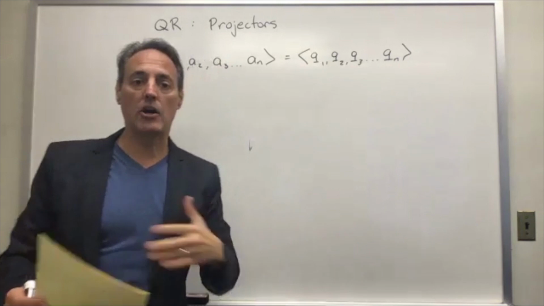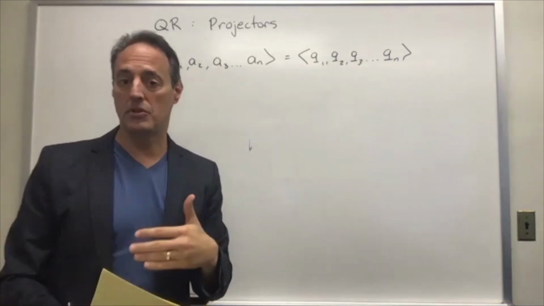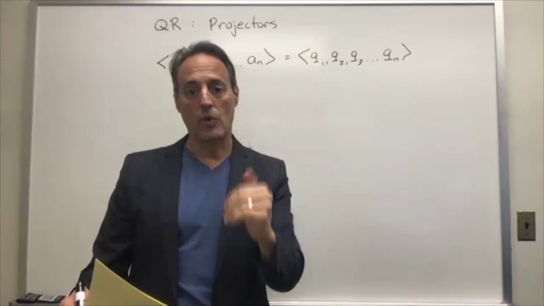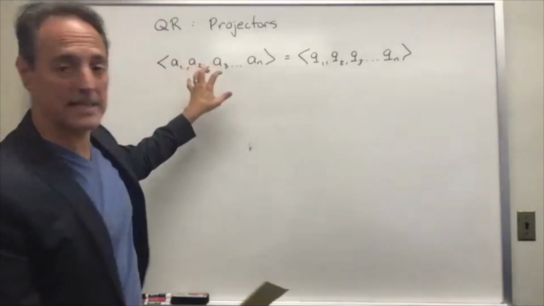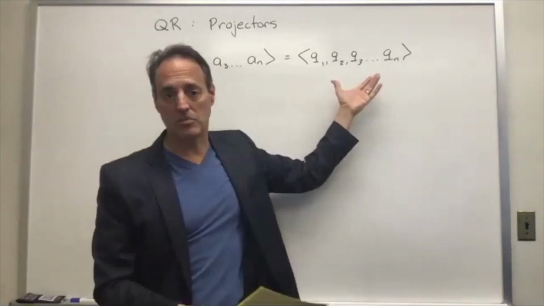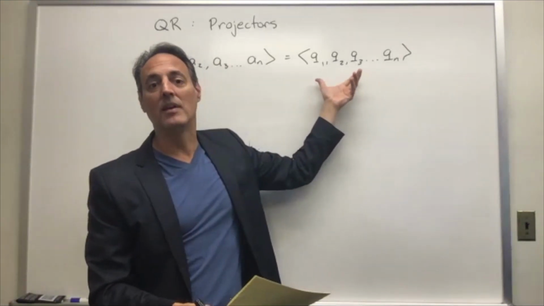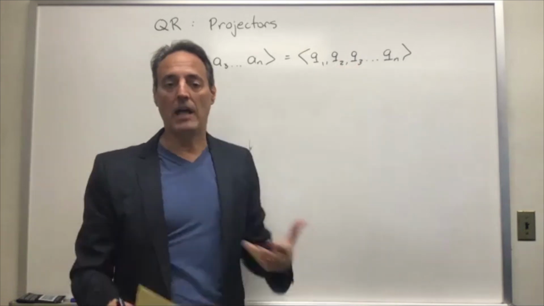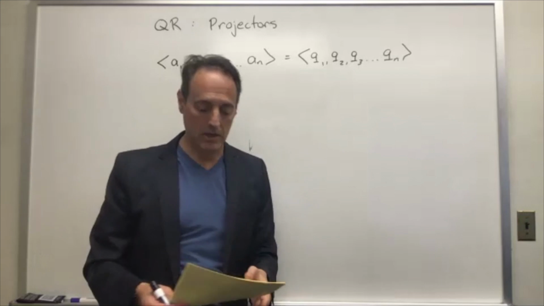That is the entire goal of the QR decomposition, or, if you want to think about it, of Gram-Schmidt. Gram-Schmidt says, you give me a set of vectors that span an n-dimensional space, and it's going to give you orthonormal vectors that span that same space. And that is what QR is allowing us to do.